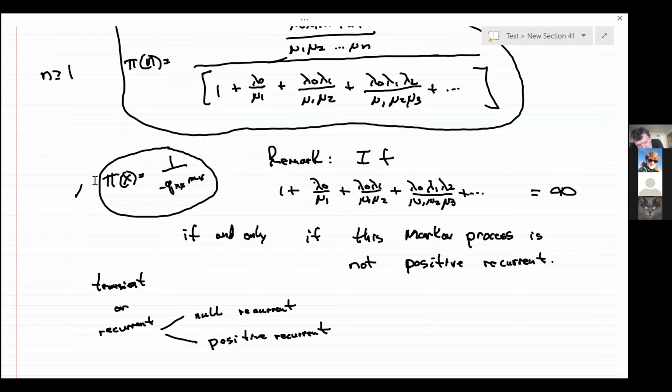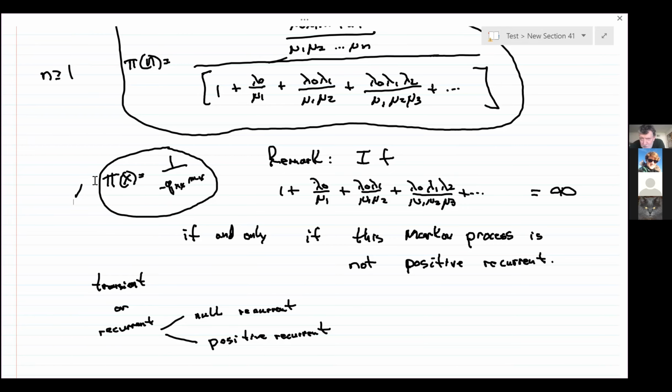If you ask me which one, then we'd have to do a little more work to be able to tell which one we're in. But we're not in the positive recurrent if this infinite series goes to infinity. If the infinite series converges, then we're in the positive recurrent state. Why? Because if it converges, everything we did makes sense, and that's a stationary distribution. And that can only happen if the chain is irreducible and positive recurrent.